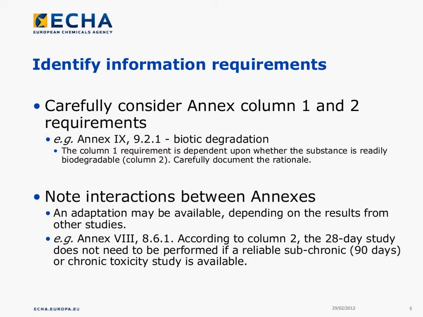Here, the column 1 requirement depends upon whether the substance is readily biodegradable. If the substance is readily biodegradable, there is no column 1 requirement. So this gives you an indication that it's not just the column 1 requirement, but you've got to carefully read the column 2 text to see if there is information that you have to provide. This is a fairly simple example, but there are actually cases where more complex judgments are required.